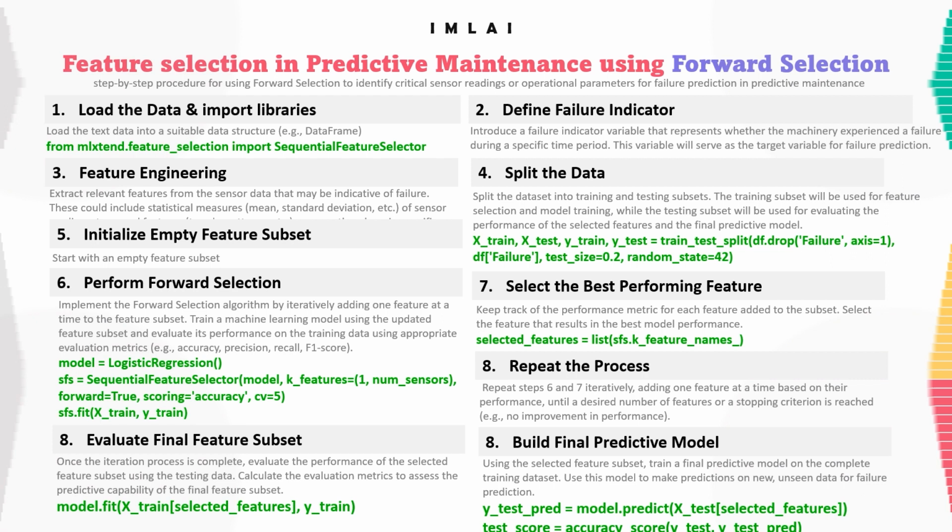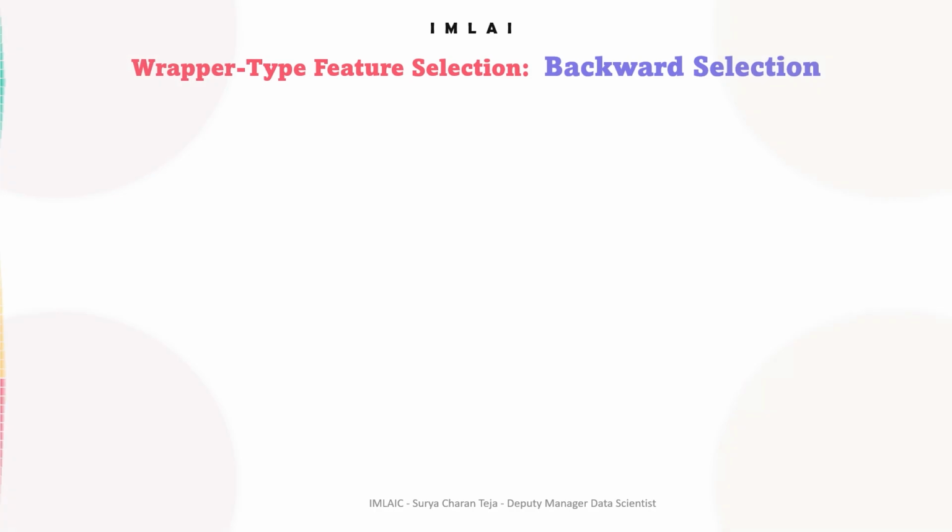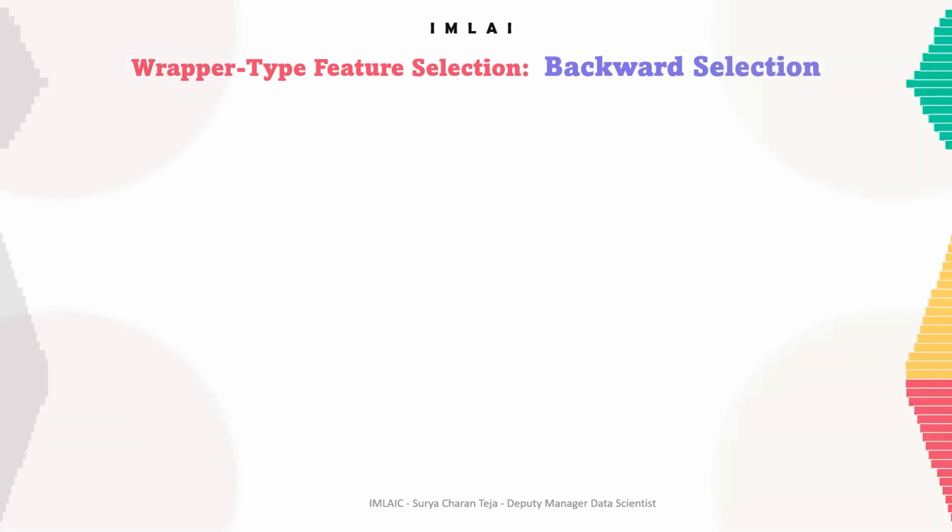Now it's time to move on to the backward selection. So, a backward selection is a wrapper type feature selection method that aims to identify the most important features by iteratively removing one feature at a time based on a selected evaluation criterion.